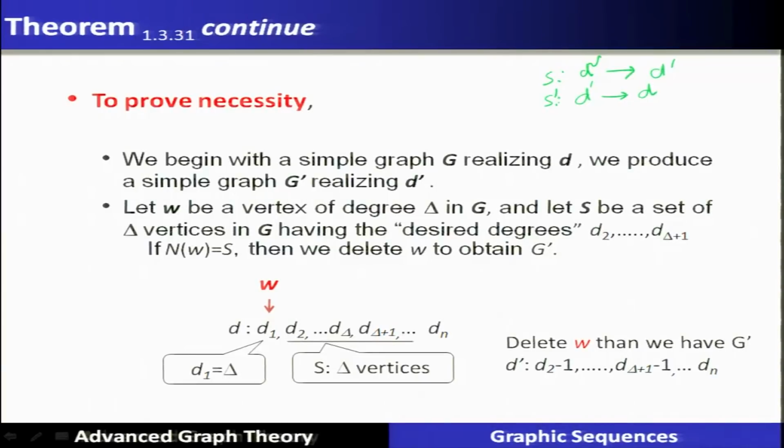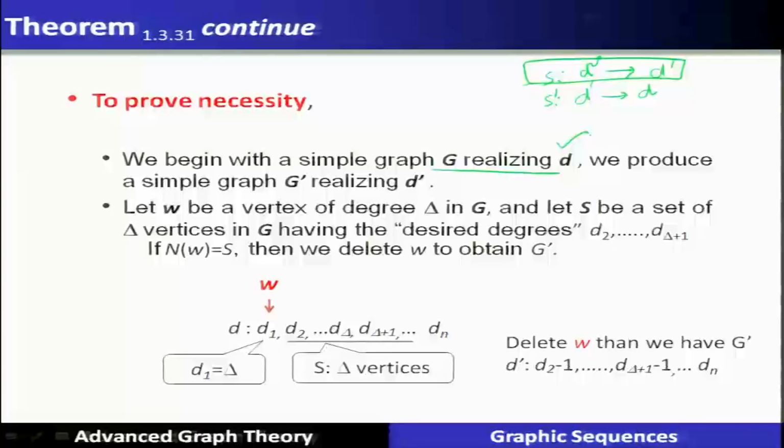Now, here we are given a graph G which is realizing D. So that means a graph G is given and we can sequence its vertices according to their non increasing degrees. After that, we produce another simple graph G prime realizing D prime by removing that particular vertex.